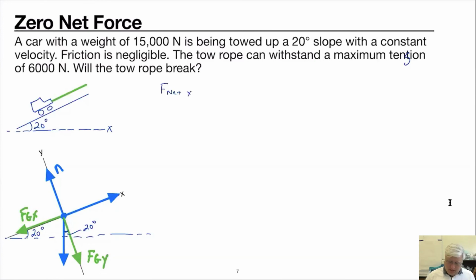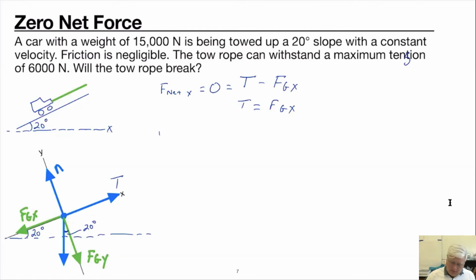For x, we know it's going to add up to 0. And for x, we have tension, which is positive, and the x component of gravity, which is negative. We can rearrange that to be tension equals the x component of the force of gravity.